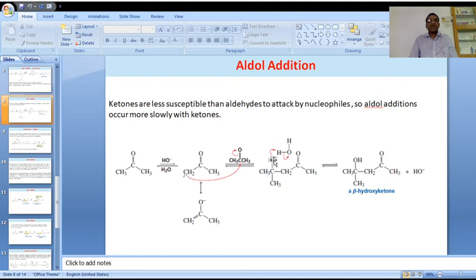Ketones are less susceptible than aldehydes to attack by nucleophiles. So, aldol additions occur more slowly with the ketones.